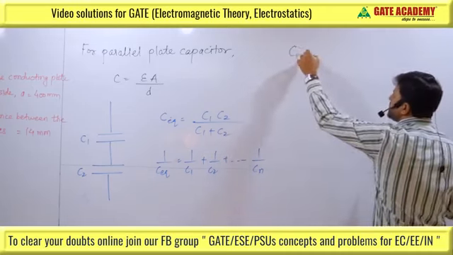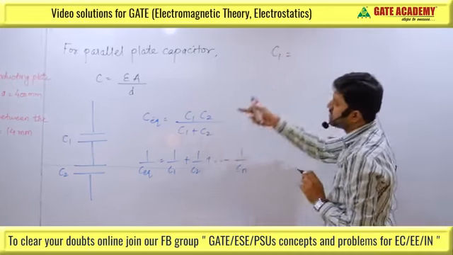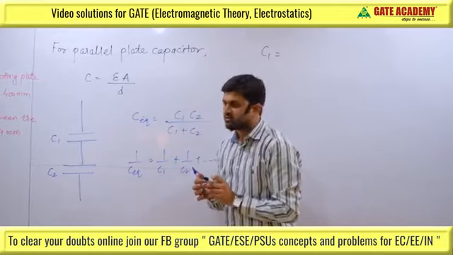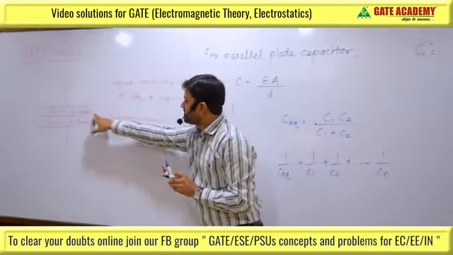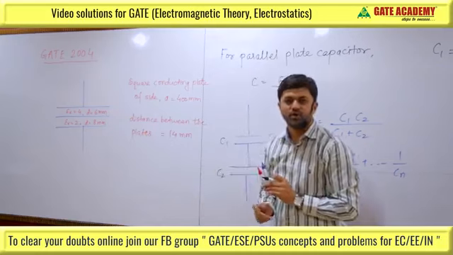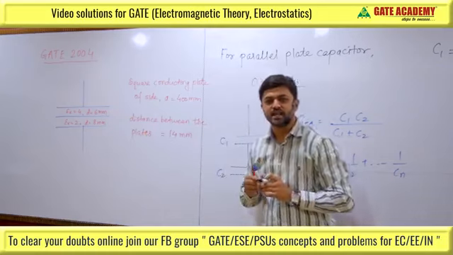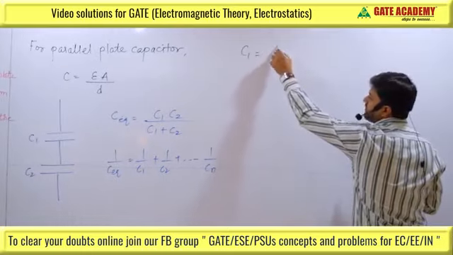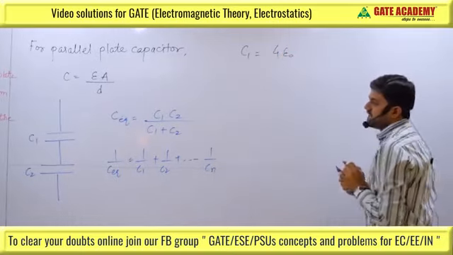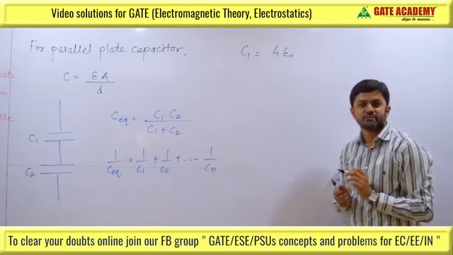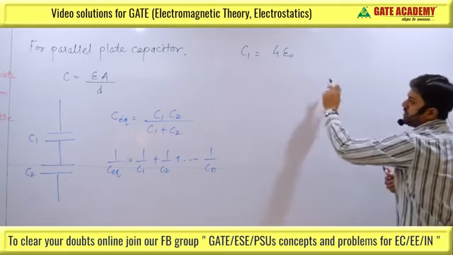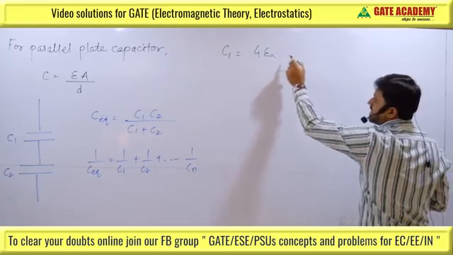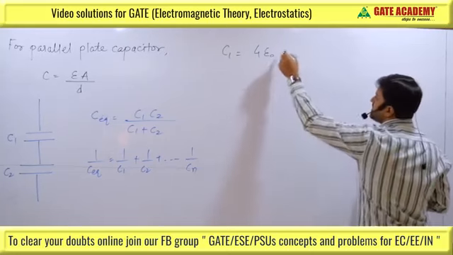So here C1 is the capacitance because of the first region where the dielectric constant is 4 and distance between the plates is 6. So this is 4 epsilon naught, because epsilon equals epsilon r epsilon naught, 4 epsilon naught, area of the plate.